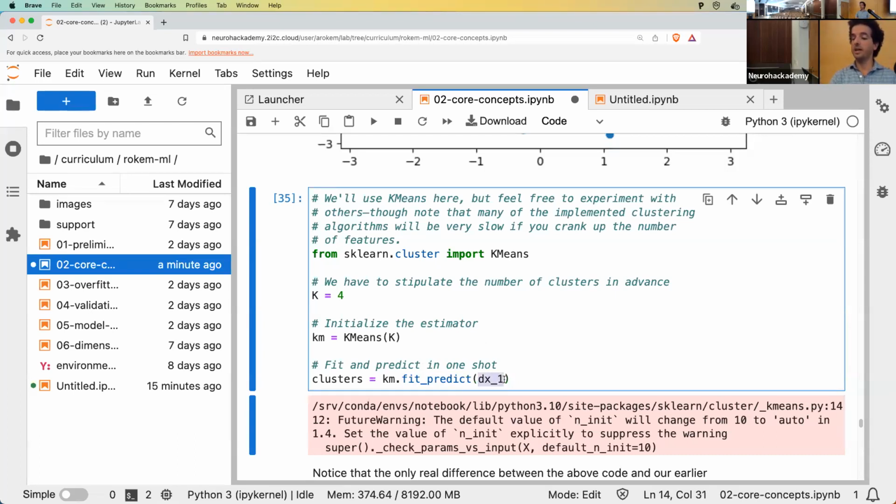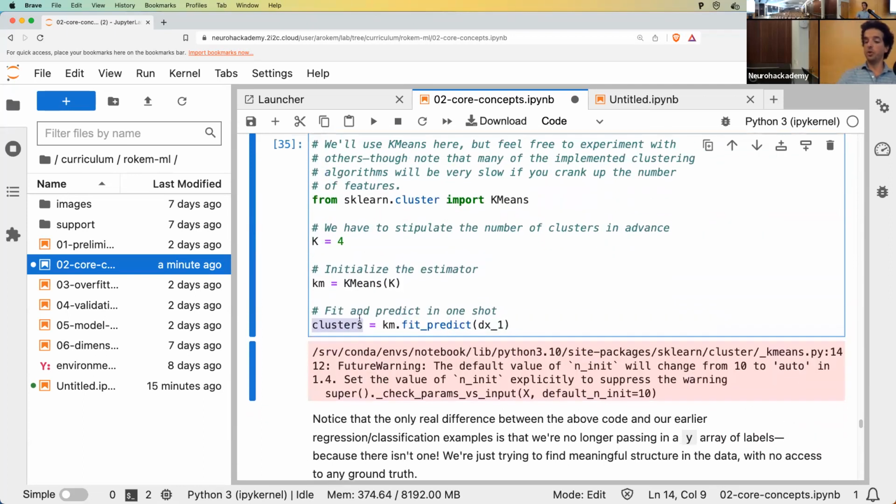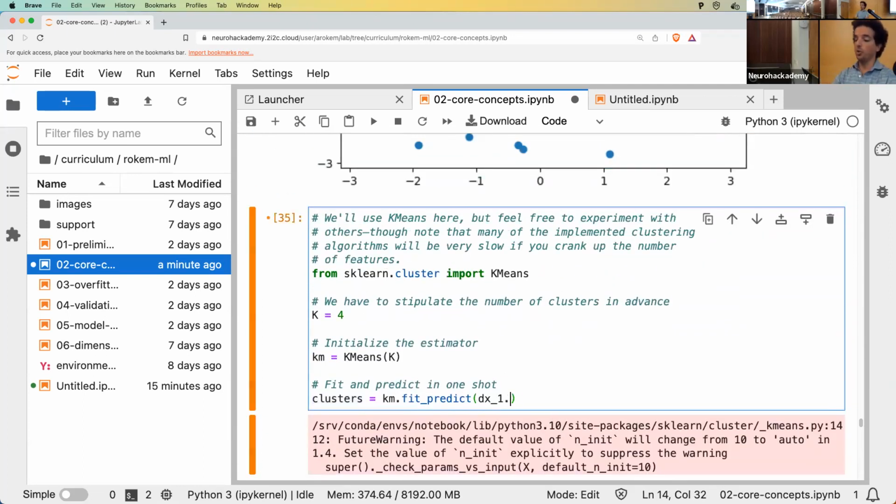So it takes this data, it runs all this iterative thing that I just described, and then it assigns a cluster for every row in this matrix, or subject. And this is very similar to the code we saw before, except there's no y, it's only x. So that's the unsupervised case.